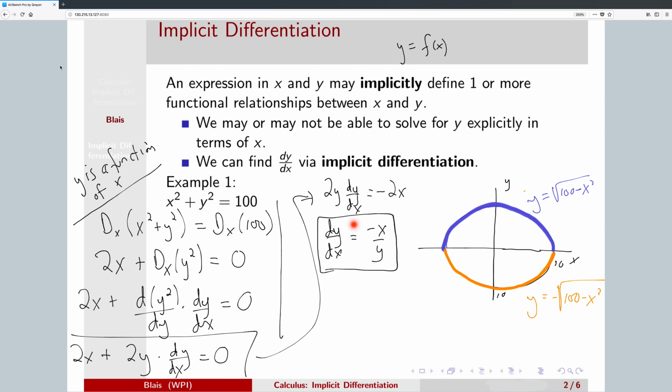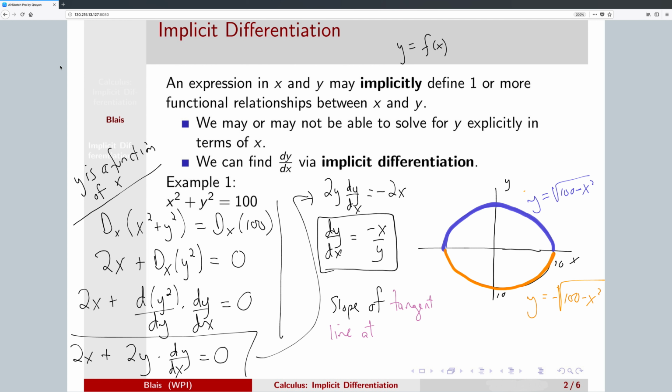Remember what this derivative represents with the graph. It represents the slope of the tangent line at any point. So for instance, if you want the slope of the tangent line at any point on this curve.